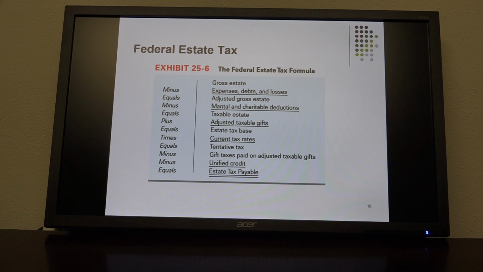Then you multiply the estate tax base times the current tax rates, and that is your tentative tax. From the tentative tax you deduct gift taxes paid on adjusted taxable gifts. You also deduct any unused unified credit, and that is your estate tax payable.